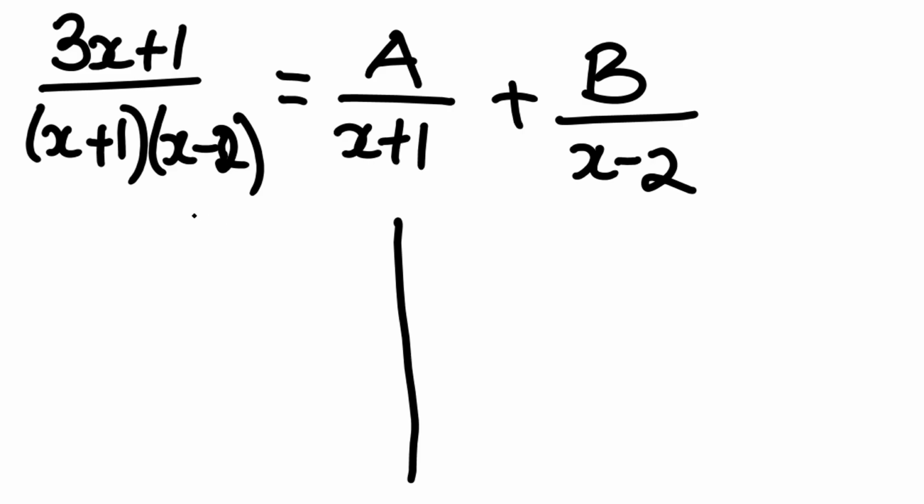What you do is multiply both sides by the denominators, right? So you use this particular one to multiply every term here.